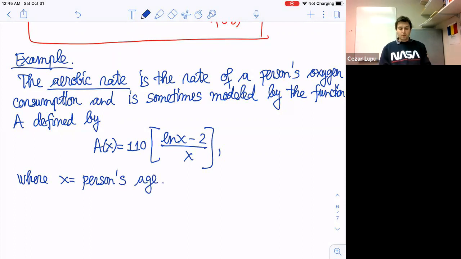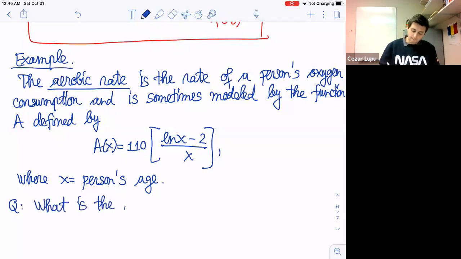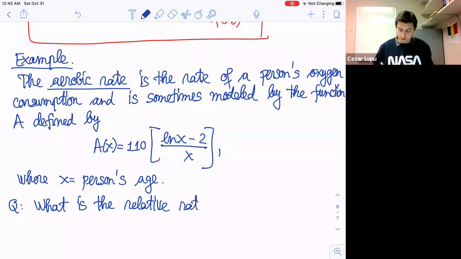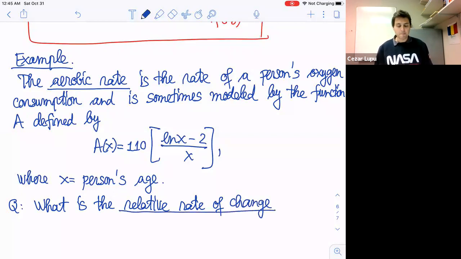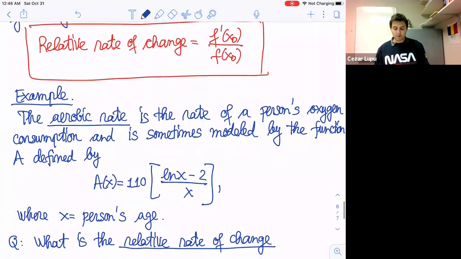Okay, and we're asked the following question. What is the relative rate of change? As you can see, the magic word here is relative rate of change. As you can see above, we talked about this.